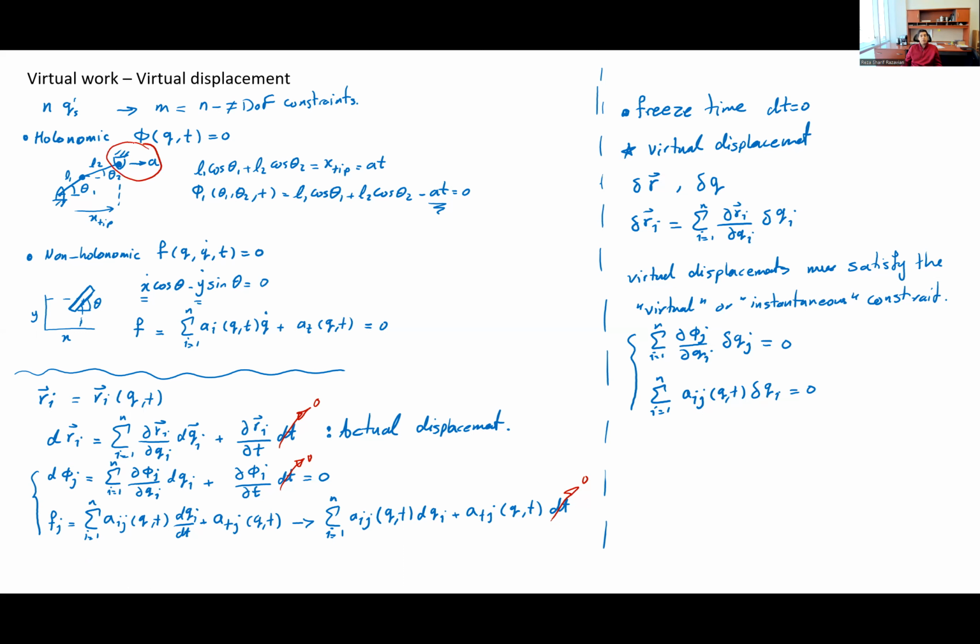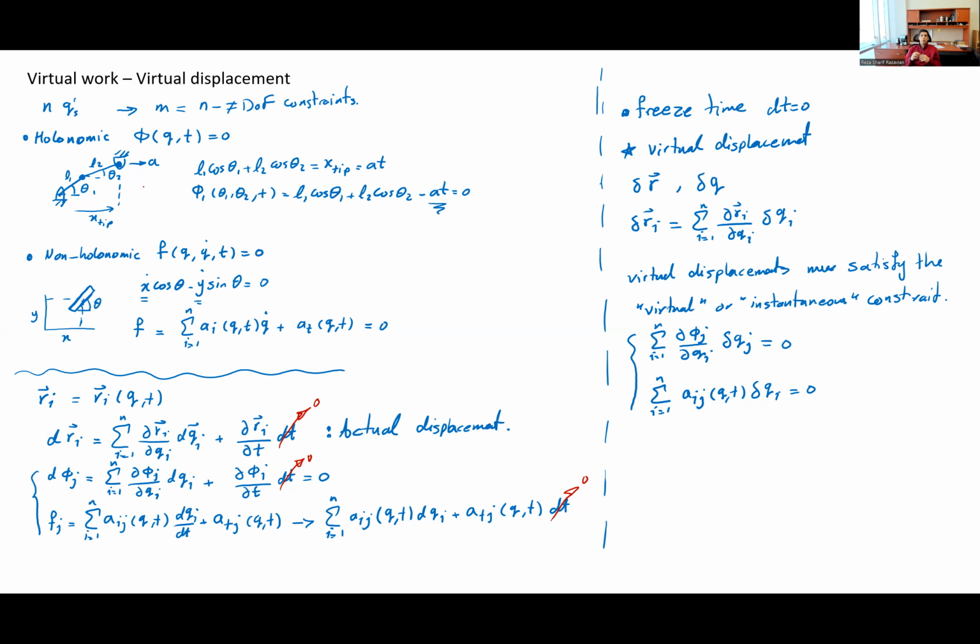If I don't have these external effects, so time doesn't show up explicitly in my equations, then virtual and actual displacements are going to be the same, and they follow the same equations for the relationship between r and q, and also the same constraint equations.